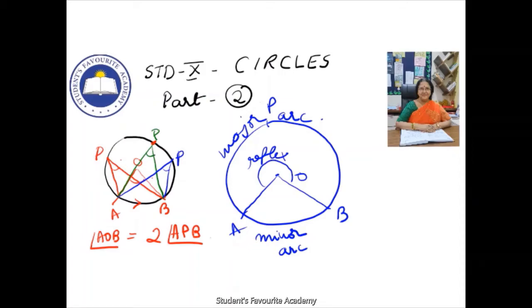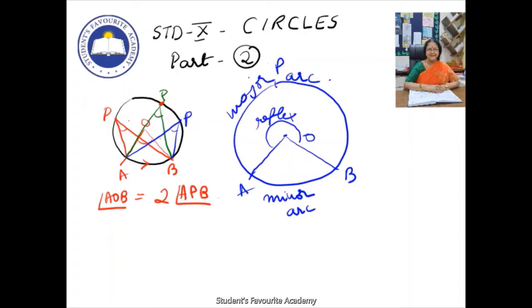According to this theorem, if I take any point P in the remaining part of the circle, that is the minor arc, then also in this case the reflex angle AOB will be equal to twice angle APB.